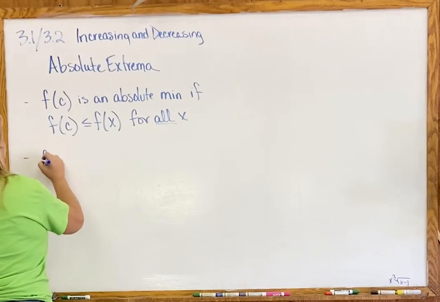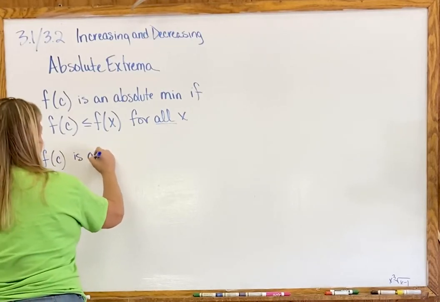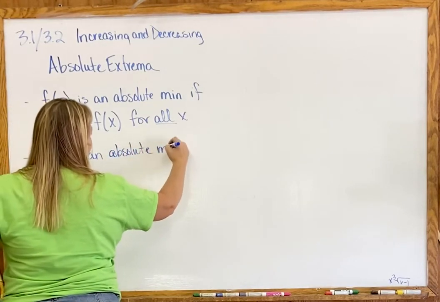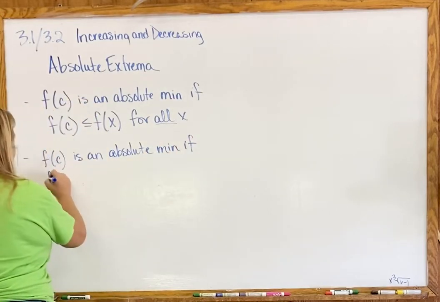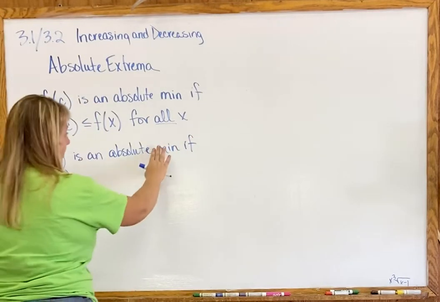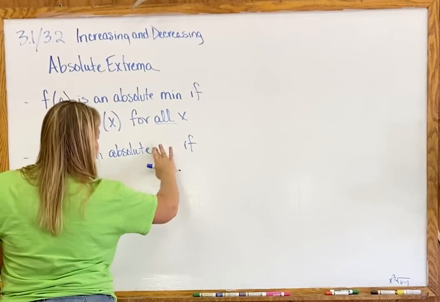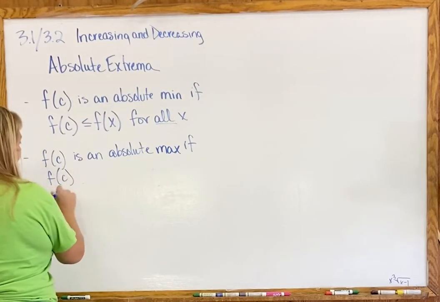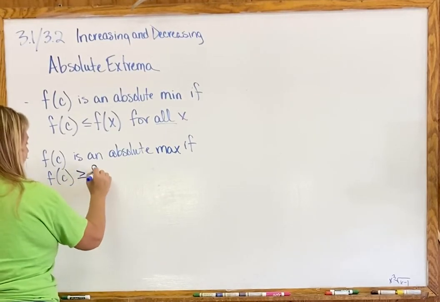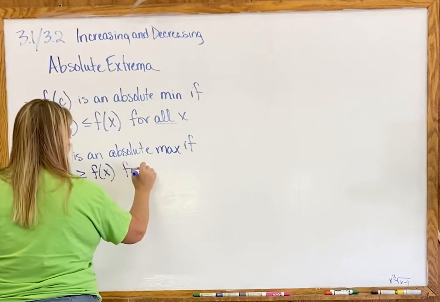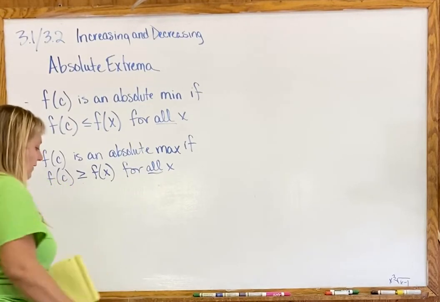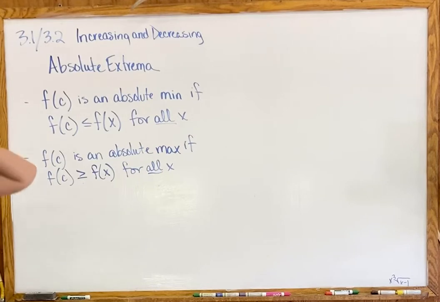And then it says f of c is an absolute maximum, oops, I just said minimum. Sorry. So f of c is an absolute maximum if f of c is greater than or equal to f of x for all x.